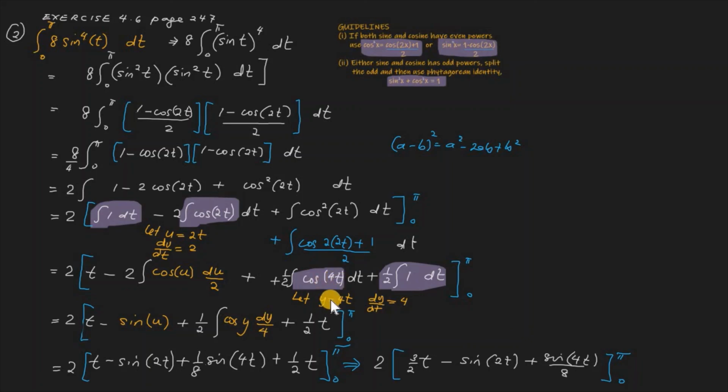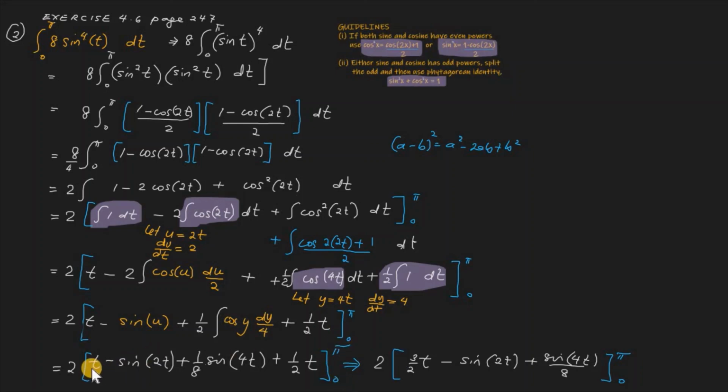For this cosine 4t, I'm using a simple u substitution. Substitute everything in terms of du. Then we integrate cosine, which is sine. Replace back the u, here is 4t. Integrating cosine, we get sine. And this is half t. I put back the boundary, 0 to pi.